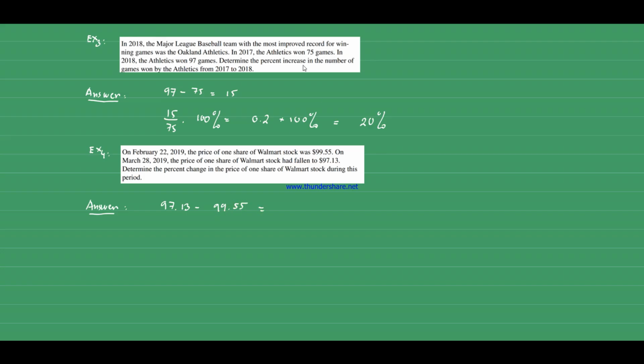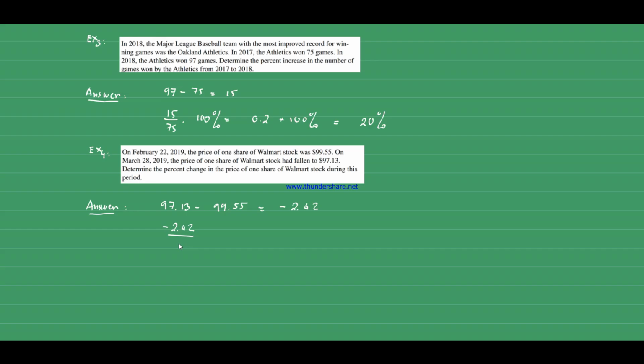In the previous problem the final was 97, but here 97.13 minus 99.55 gives you a negative value, and this negative value indicates that we have a percent decrease.